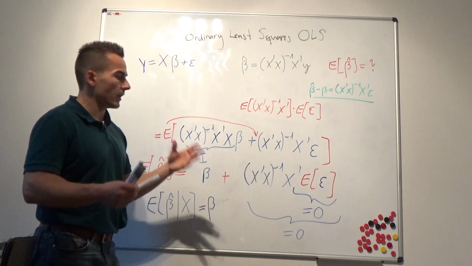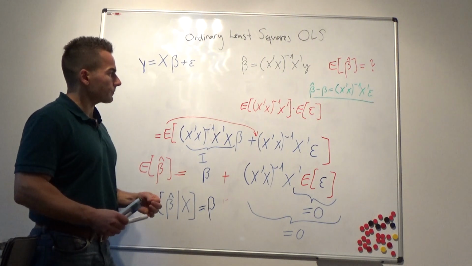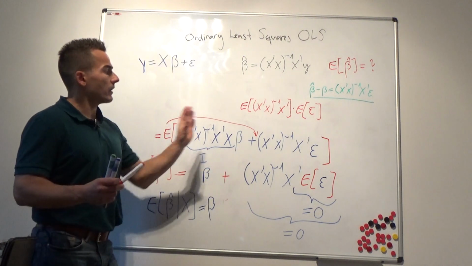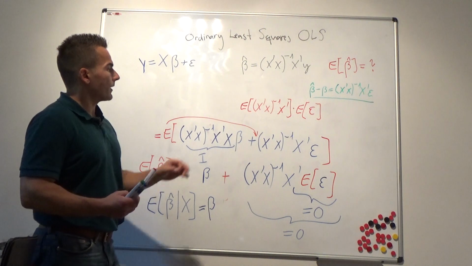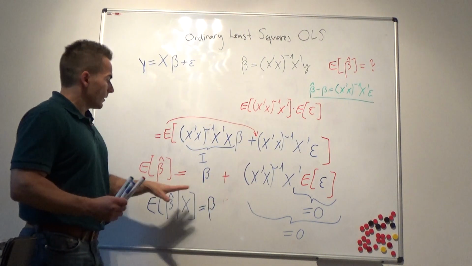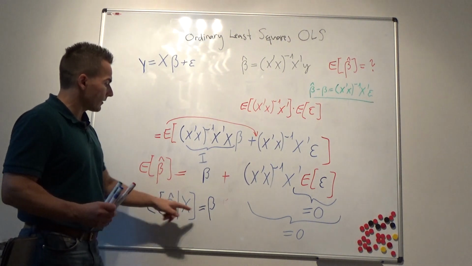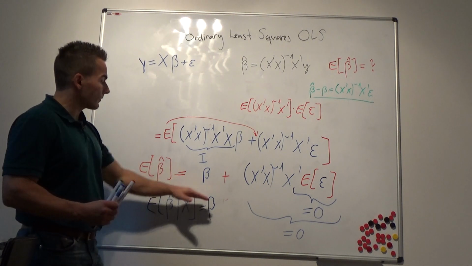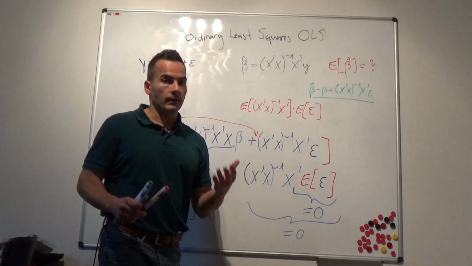In certain cases we can show that OLS is at least consistent. But in our case, we don't have to bother with that. We can simply assume that these are uncorrelated, and so we have the same result. The conditional expectation on x is beta, like in the previous case. And the same is true for all the derivations that follow.